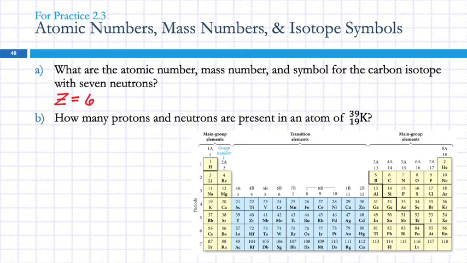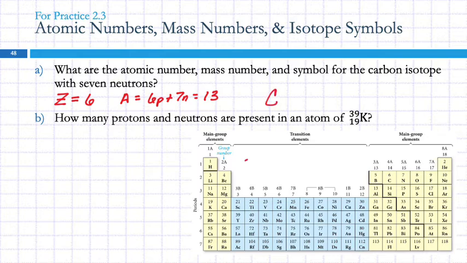And then we're asked for the mass number, but they tell us that it has 7 neutrons. 13. So the mass number is the 6 protons plus the 7 neutrons, a total of 13. And then it's asking for the symbol.